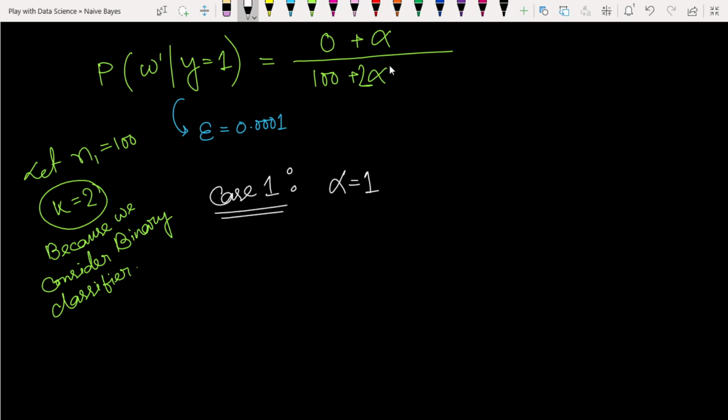Now we are interested in seeing what happens if we increase the value of alpha and if we decrease it. So first take alpha equal to 1. In this situation, what will be the probability of w dash given y equal to 1?